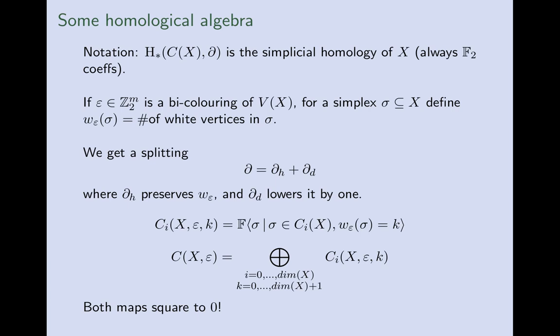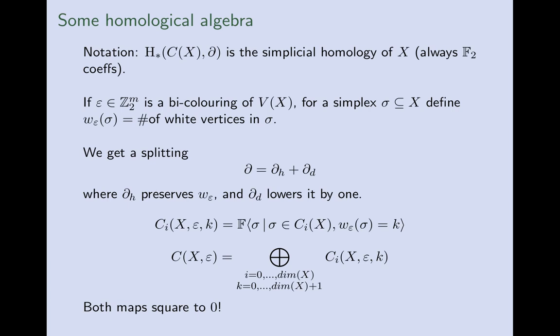On a given bicolored simplex, its horizontal boundary is going to be the sum over all the faces that are obtained from the simplex by removing exactly one black vertex. Or in other words, the horizontal boundary is the sum over all faces that have the same number of white vertices as the initial simplex.